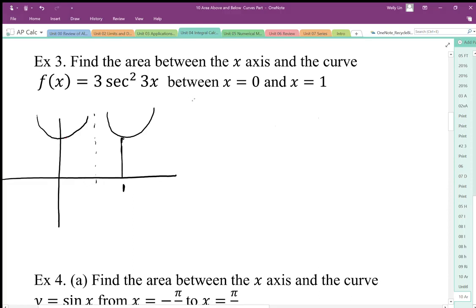So the angle 3x is going to equal π/2, and we're going to find our vertical asymptote at π/6. Okay, so there's our vertical asymptote, it's going to be right there. I'm just going to highlight that. This is just finding the vertical asymptote.